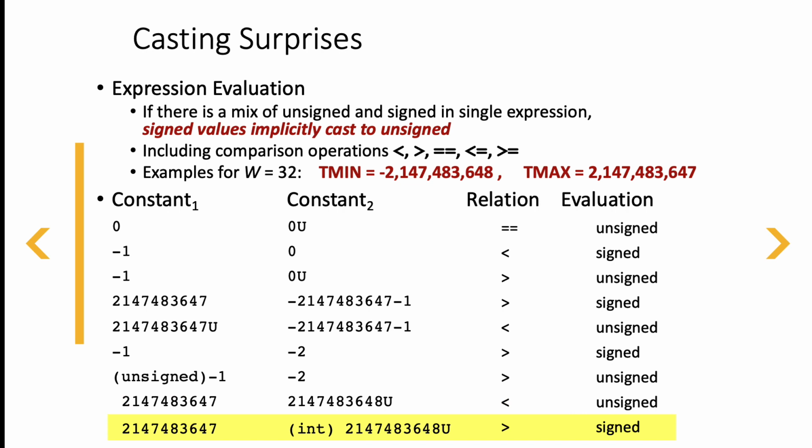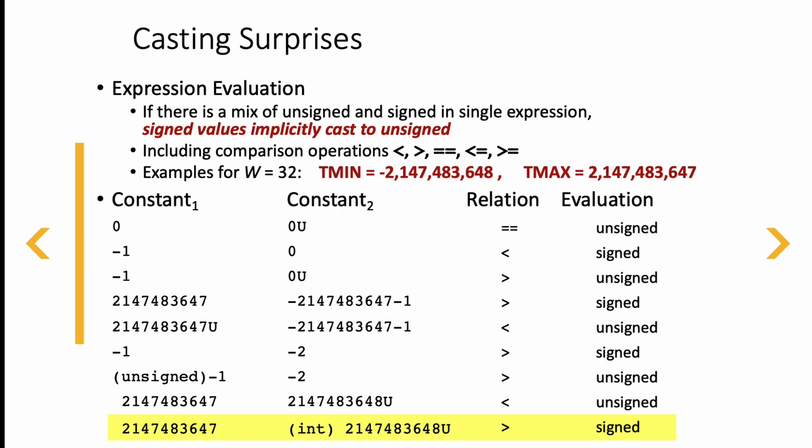Now, finally, with this last one, we actually have a couple things going on. We've got a mixture, but we're actually going to implicitly cast an unsigned value in constant 2 to a 2's complement value, which ends up flipping that thing negative, right? That's greater than T max, and that means that it ends up evaluating as a negative number.